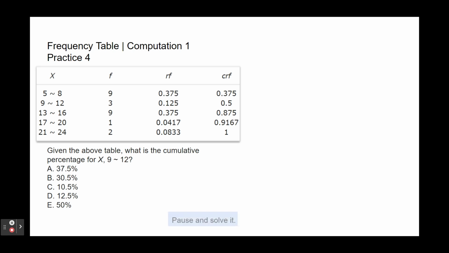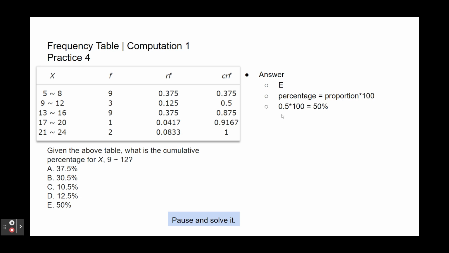But what is the cumulative percentage? The answer is E, 50%. Why? Relative frequency is the same as proportion, and proportion times 100 becomes percentage.